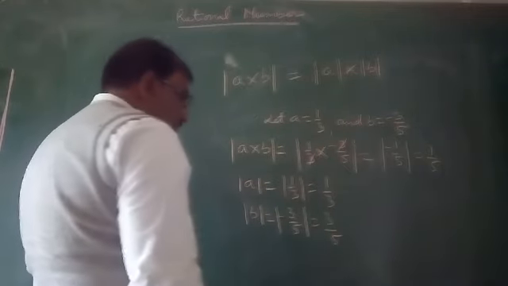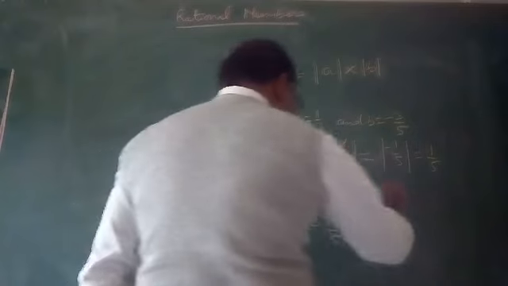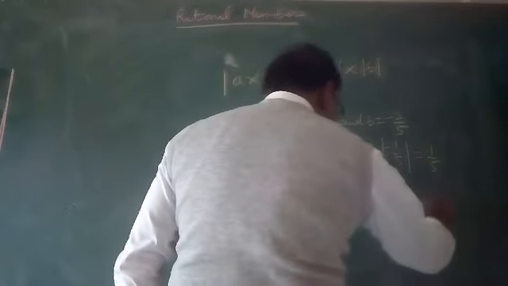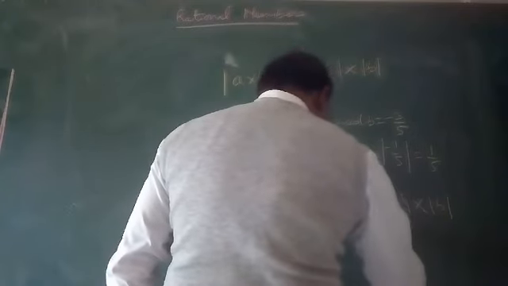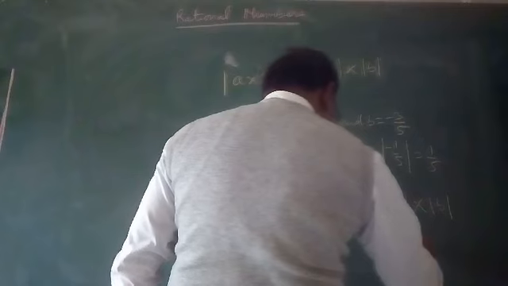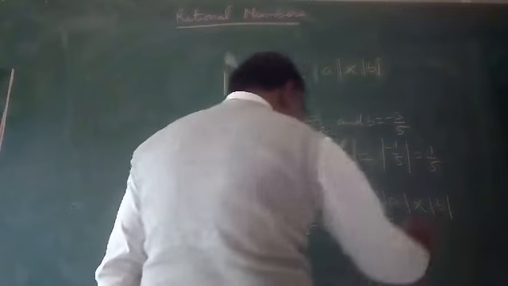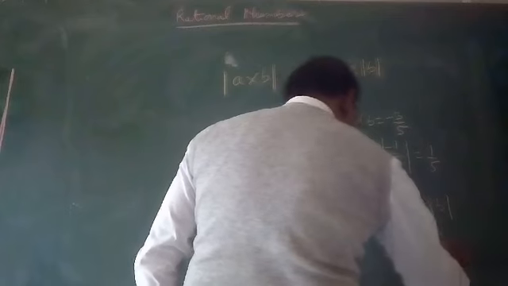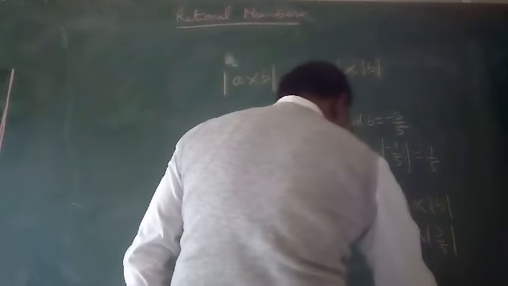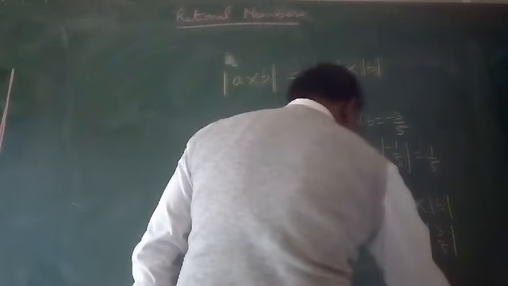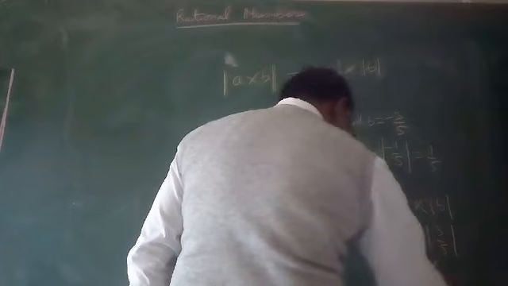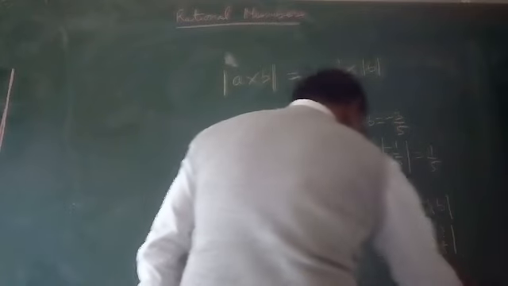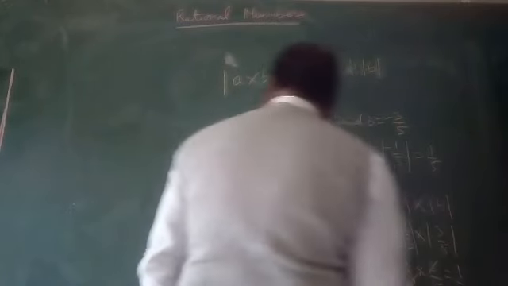Now multiply the absolute value of A into the absolute value of B, which equals 1 by 3 into 3 by 5. 3 by 3 cancels, and it will be 1 by 5.